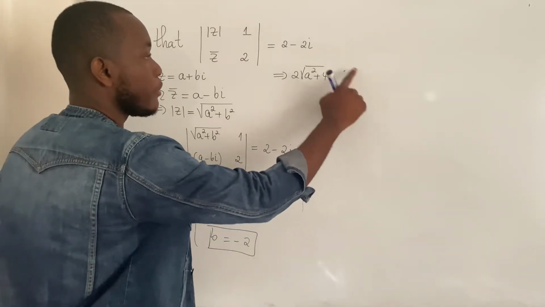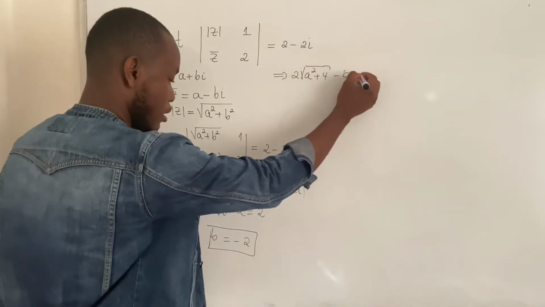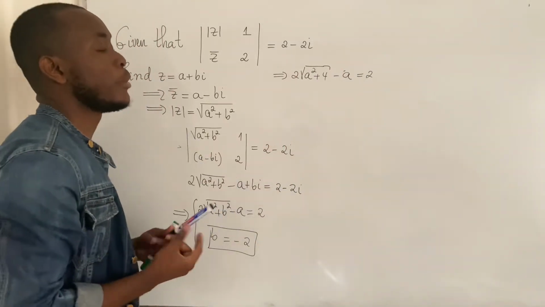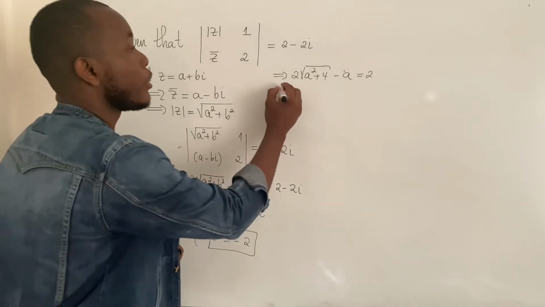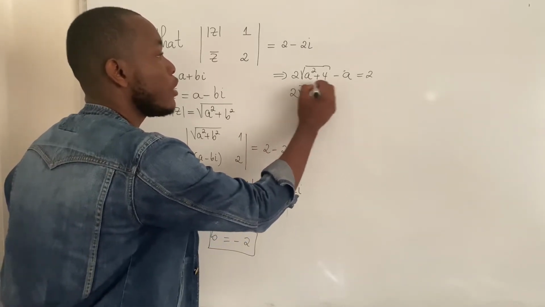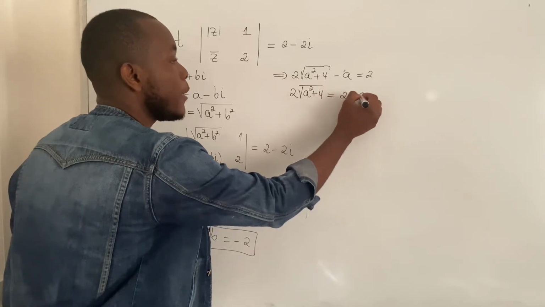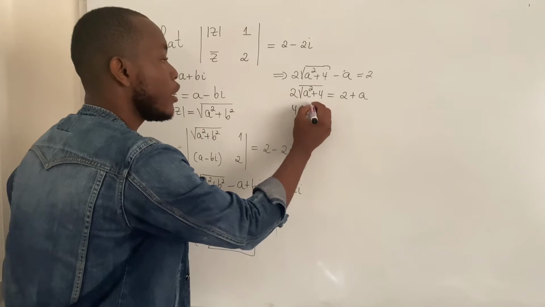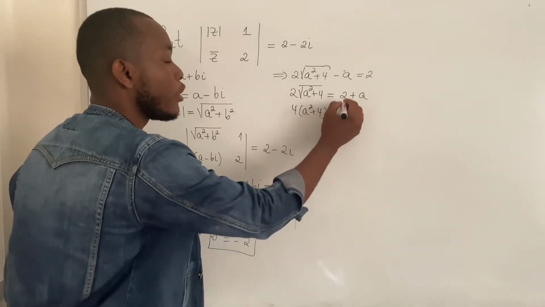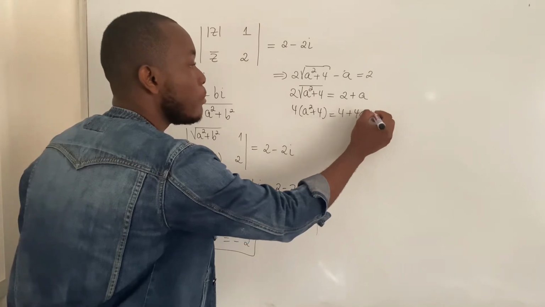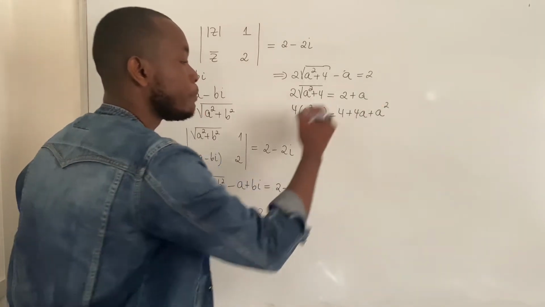Equal to 2 plus a. Now, to find the value of a, we can first isolate the square root expression. So 2 times the square root of a squared plus 4 equal to 2 plus a. Squaring both sides, we have 4 times a squared plus 4. Here we have 4 plus 4a plus a squared.